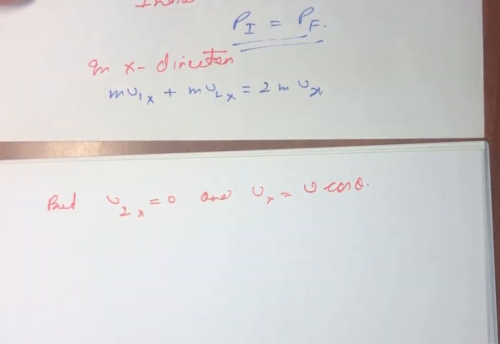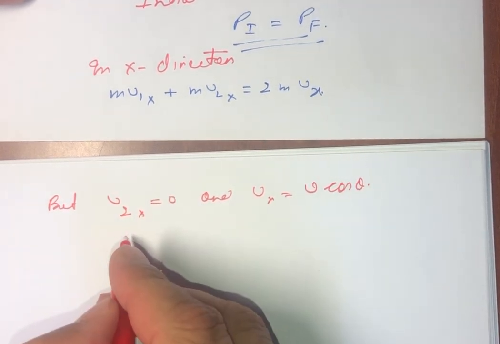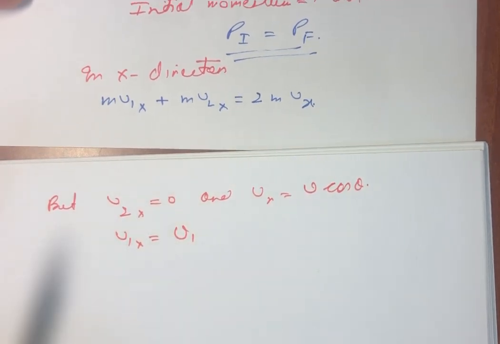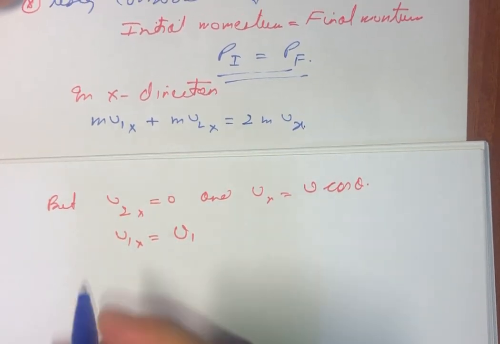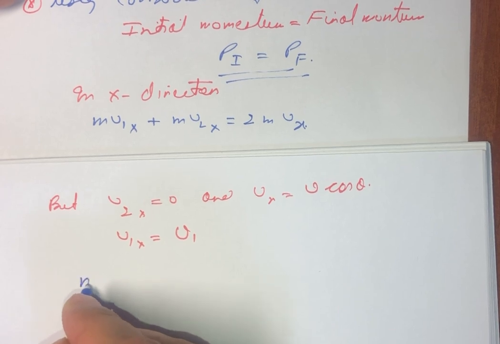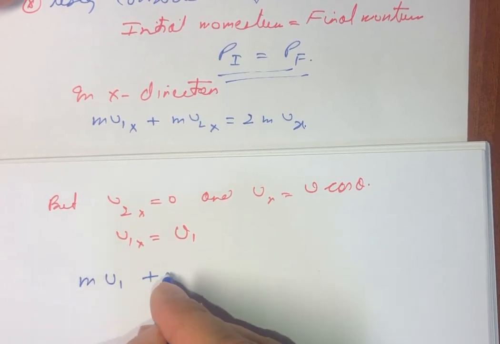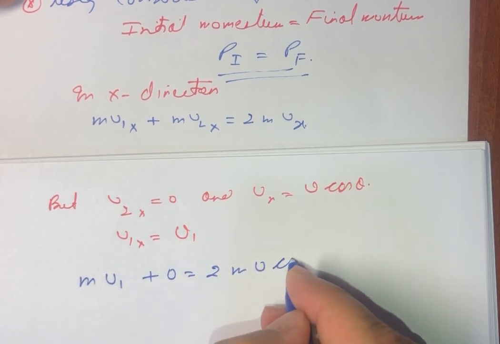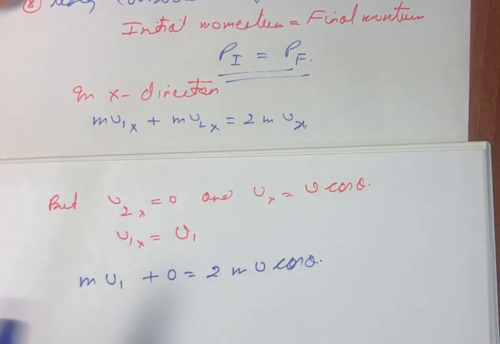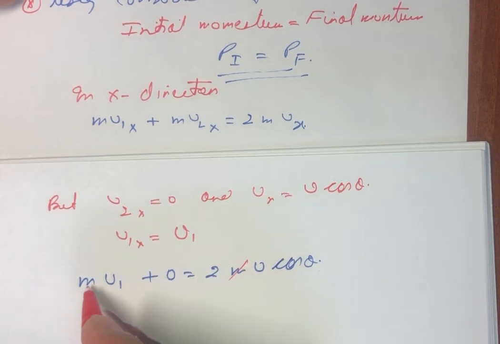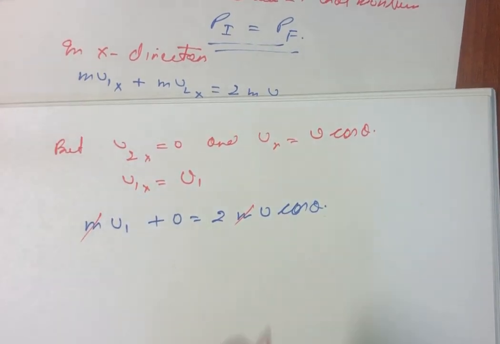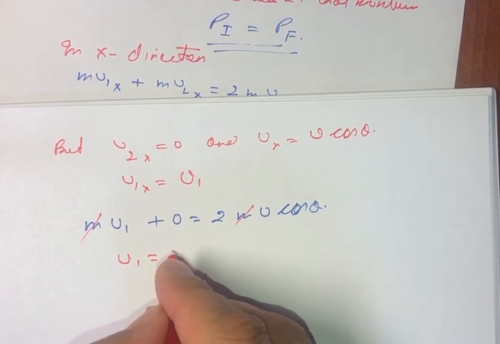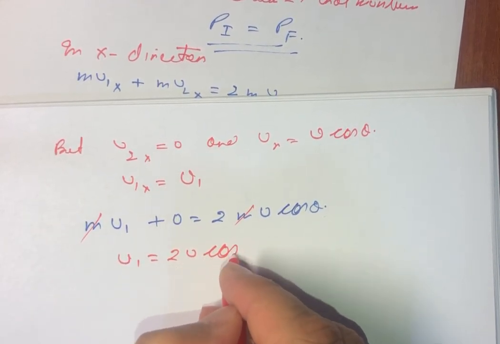And you can also say that v1x is equal to v1. So we substitute the value, we get m v1 plus 0 is equal to 2m v cos of theta, and m cancels out with m. So from here we can say that v1 is equal to 2v cos of theta.